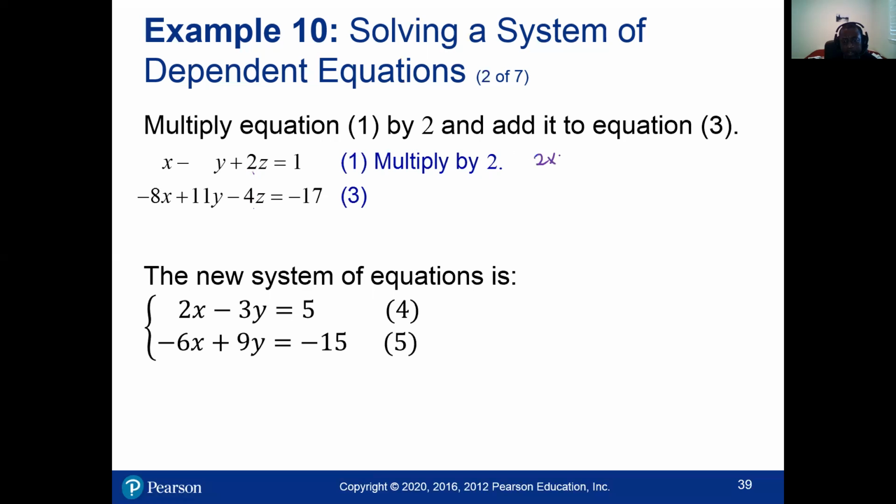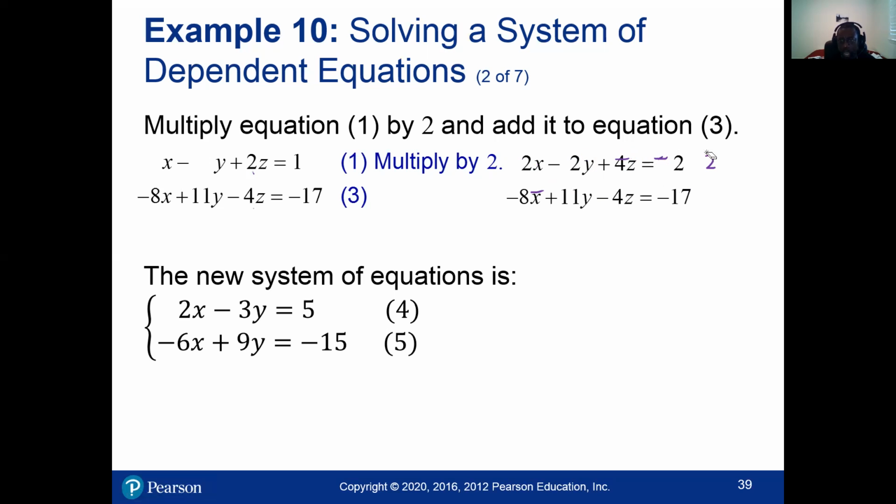That gives us 2x minus 2y plus 4z is equal to 2. And then you have negative 8x plus 11y minus 4z is equal to negative 417. So let me erase what is there so that you can see it.